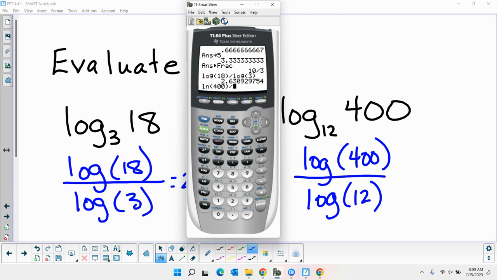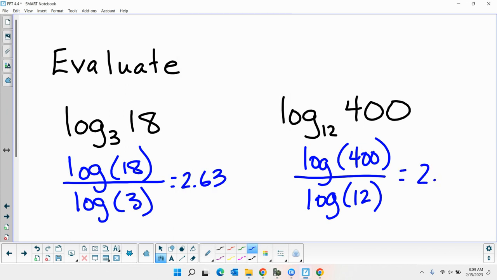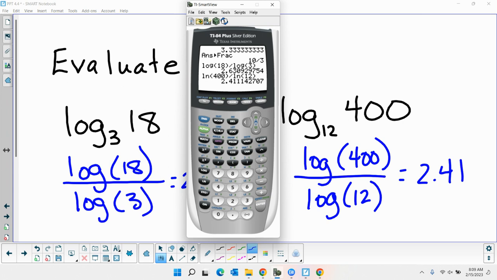Just make sure you do the other one as natural log. Let's see if I'm right. Did you guys get 2.41? You should have. Okay, so if you hit the wrong log button, it's okay. Just be consistent. You can hit log or natural log. Okay? Any questions?